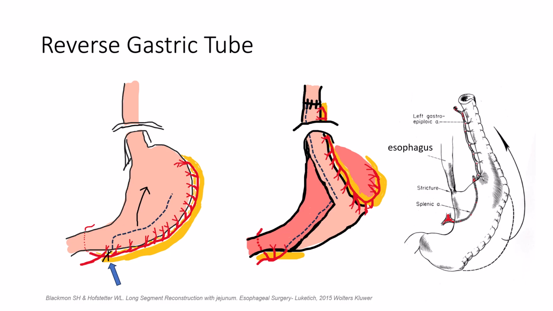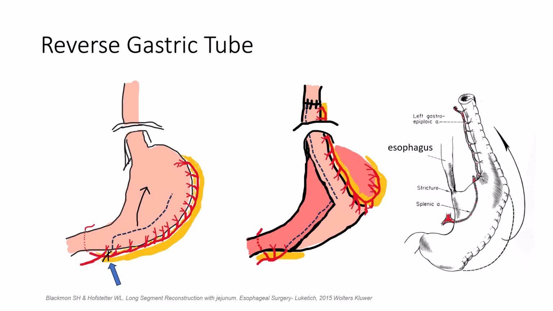However, it is important to note that most of the stomach has to remain where the patient has to continue to receive blood supply from either the right gastric, the left gastric, the short gastrics, which are collateralizing to that portion of the gastroepiploic.